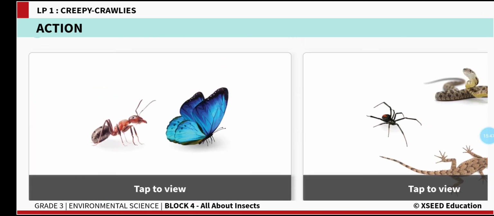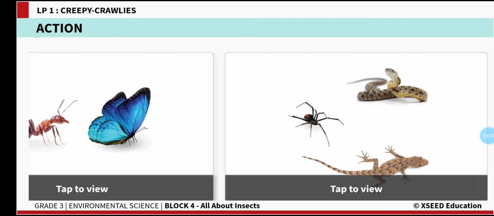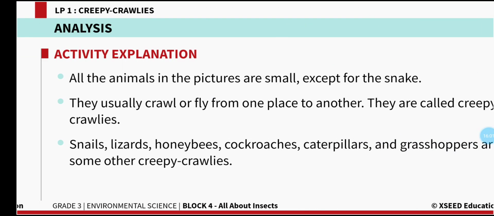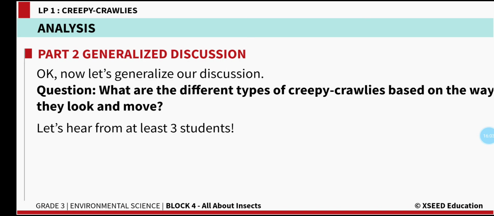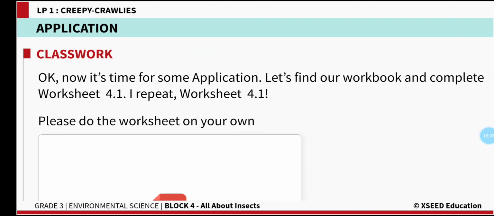So once again, go through the content book, see the pictures given in it and complete the practice questions. We will discuss the practice questions once. You try to write the answers in the textbook itself.